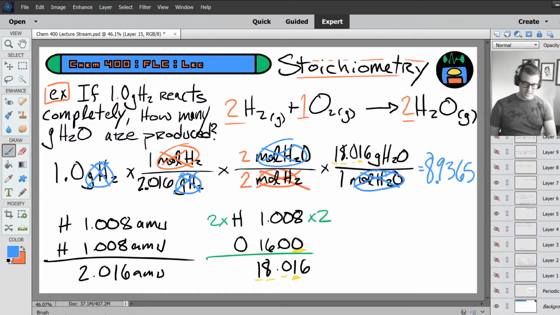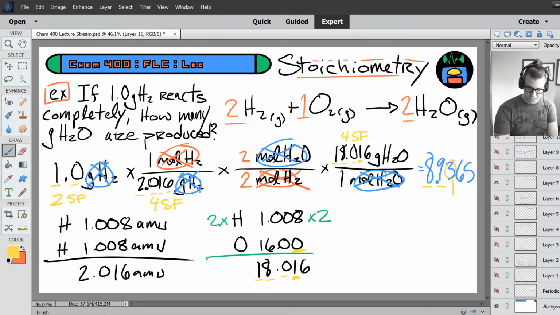When I look at sig figs, I have 4 sig figs for my molecular mass, and I have 4 sig figs for my molecular mass of hydrogen as well, but my initial mass only has 2 significant figures, so my answer can only have 2.